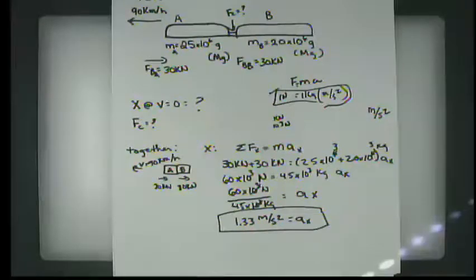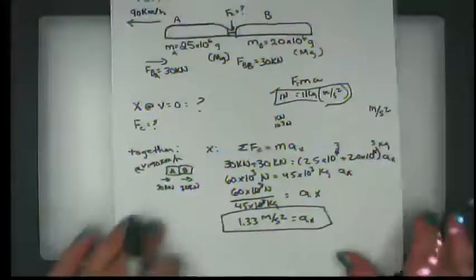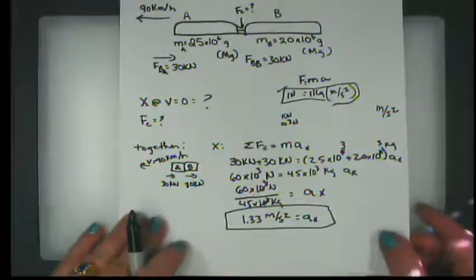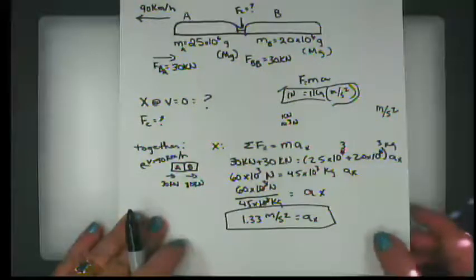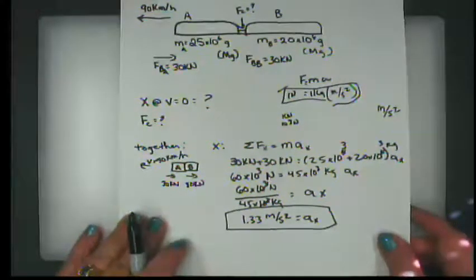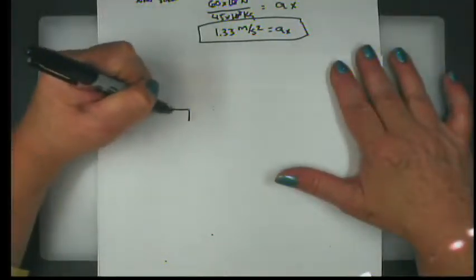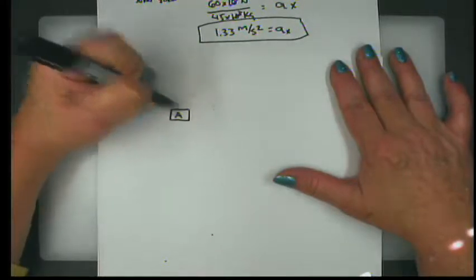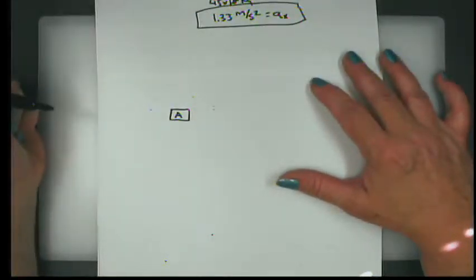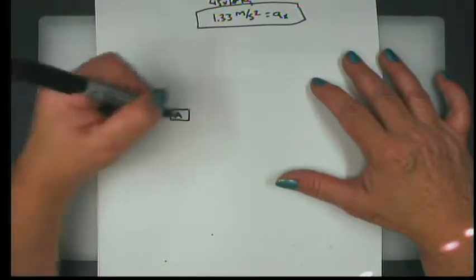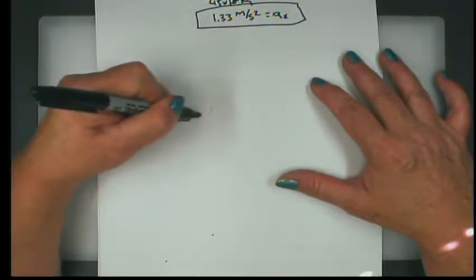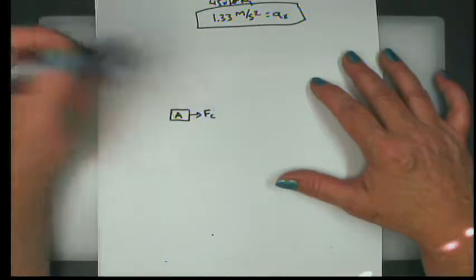All right. So now the next question is the force in the coupling, and the distance. Let's take a look at just one of the cars. It does not matter which car you look at, but if we look at A, we're going to be able to find a couple of different things. We're going to be able to see what the coupling force is, and I would call that the force in the coupling.